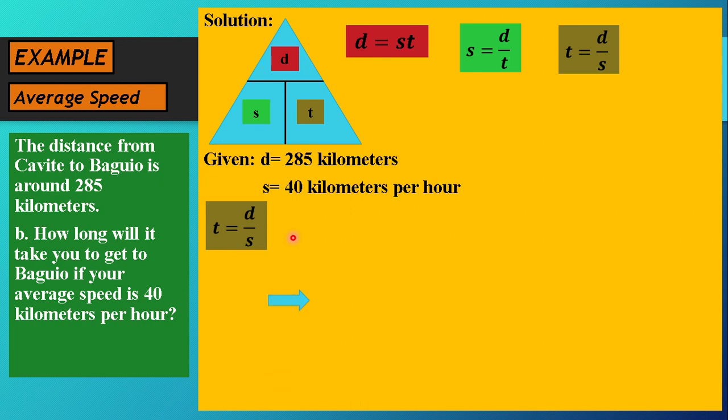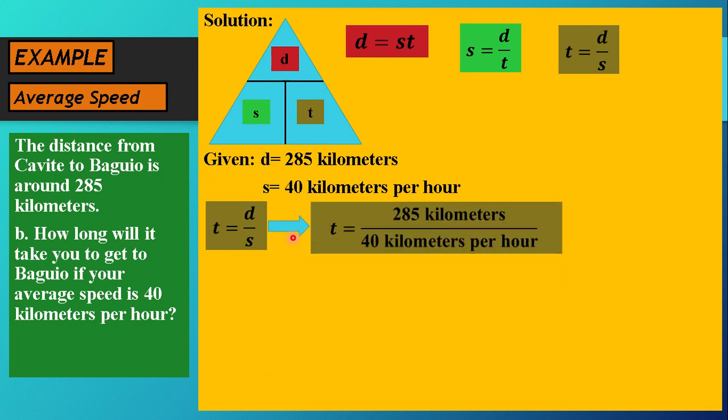Okay? So, that is T is equal to, the distance is 285 kilometers divided by the speed, which is 40 kilometers per hour. So therefore, T is equal to 7.125 hours.